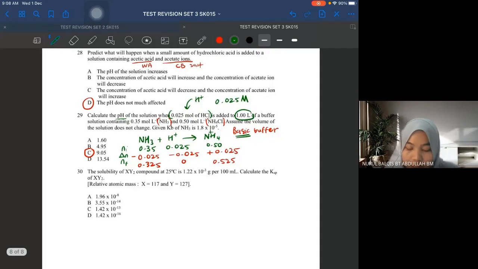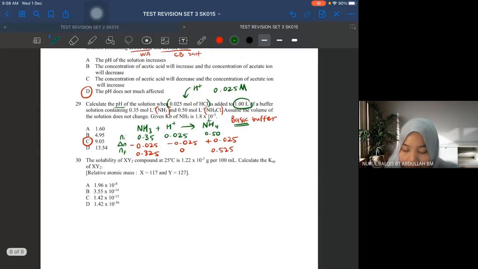And then for the solubility of the XY2 compound, this one is in 7.3. So as for 7.3, you are given information about its solubility. So recall again, solubility can have two units. It's either gram per liter or gram per mL, or mole per liter.